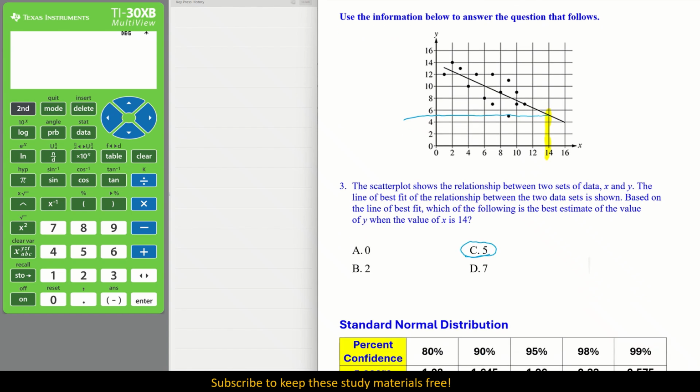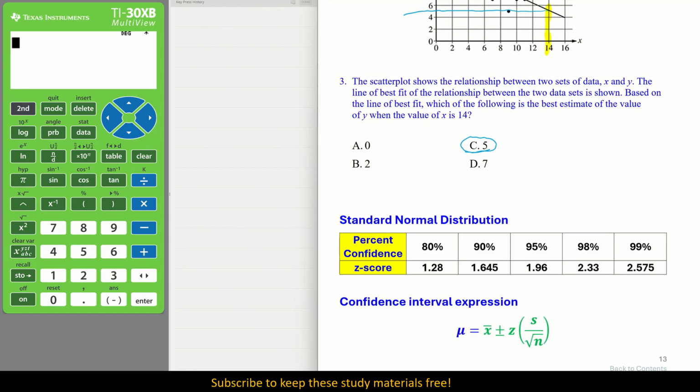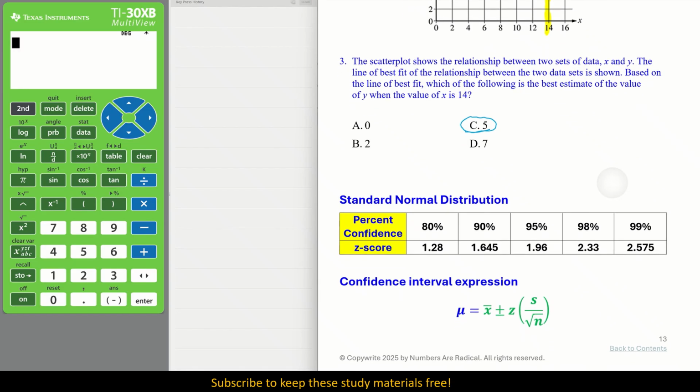Right now, what we have here before we move on is information. We dealt with the percents. Remember, we had the empirical rule. Now, this is standard distribution at 80%, 90%, 95%, 98, and 99.